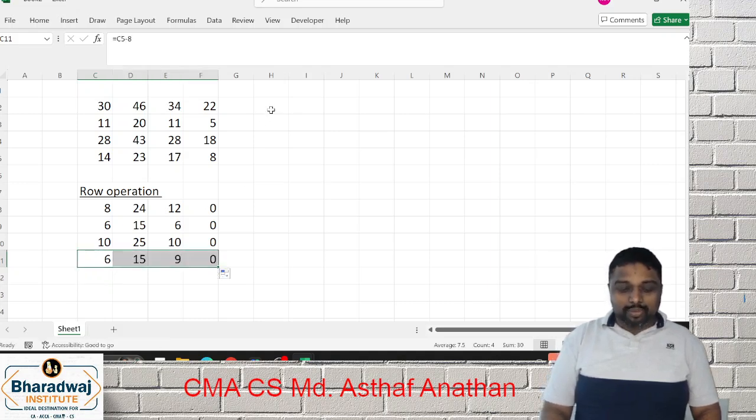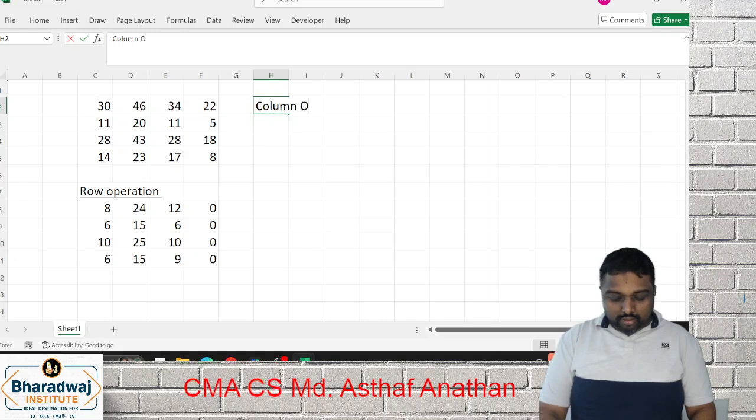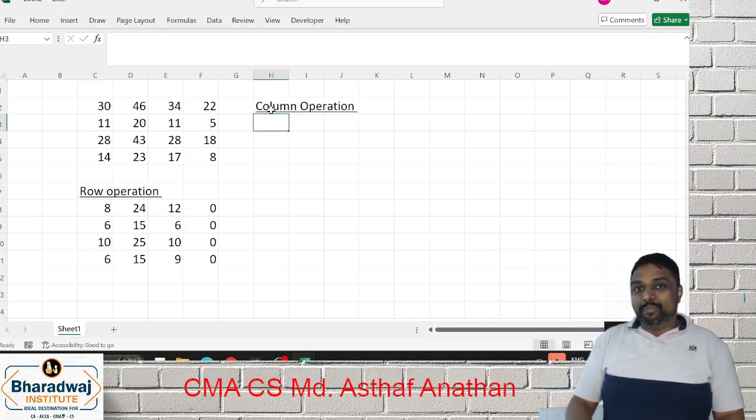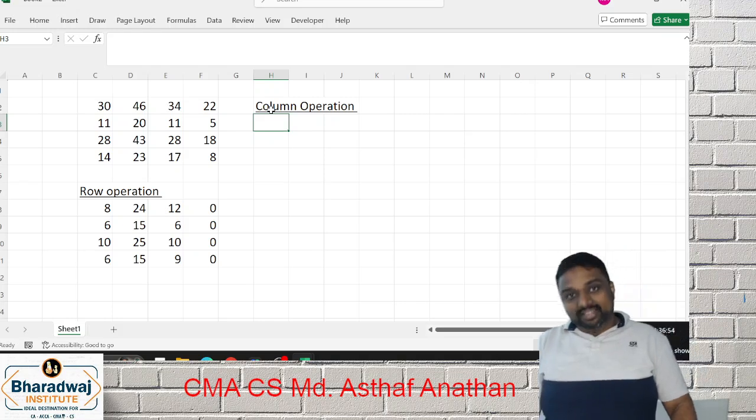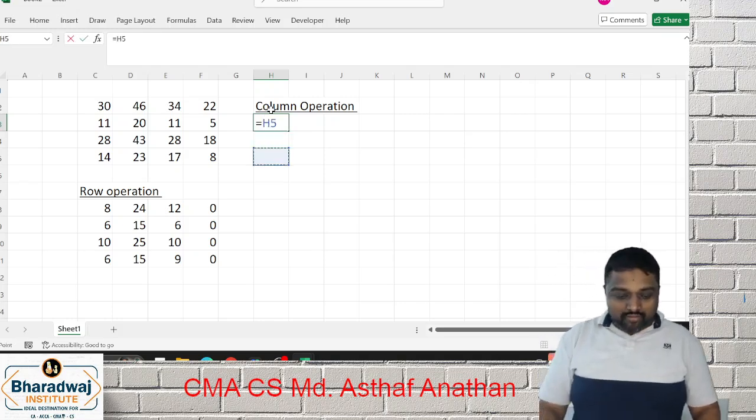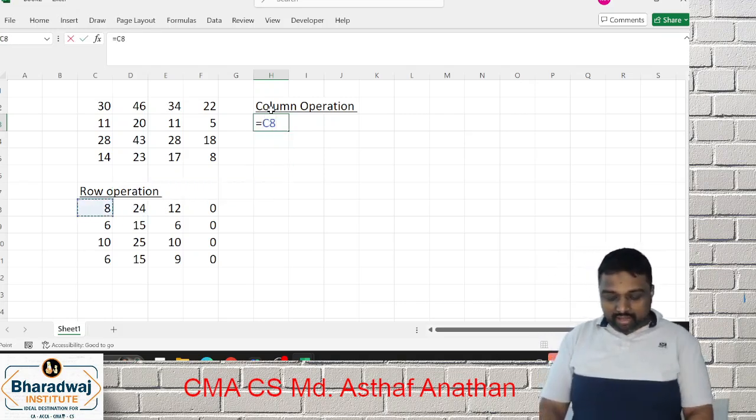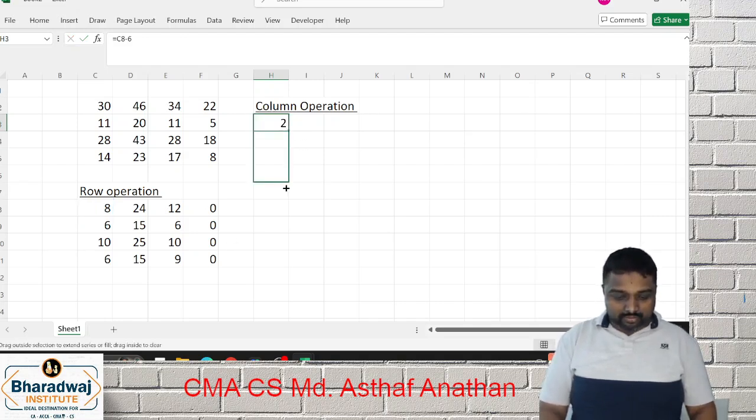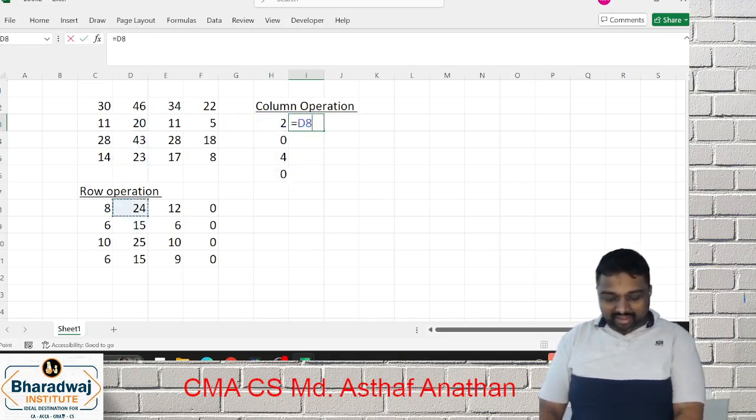Now once the row operation is over, we go forward to column operation. How will we proceed with column operation, friends? Same step again. Column-wise, we take the least number. This is the least number we have taken. Next column-wise least number is 15.